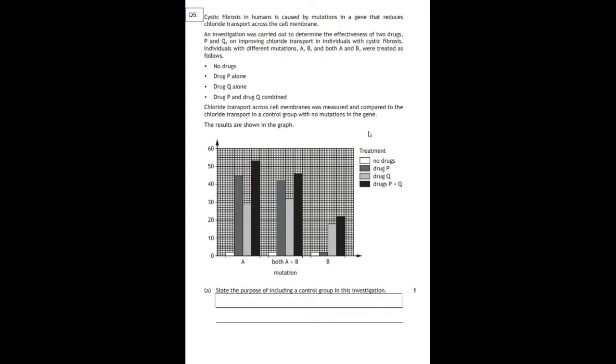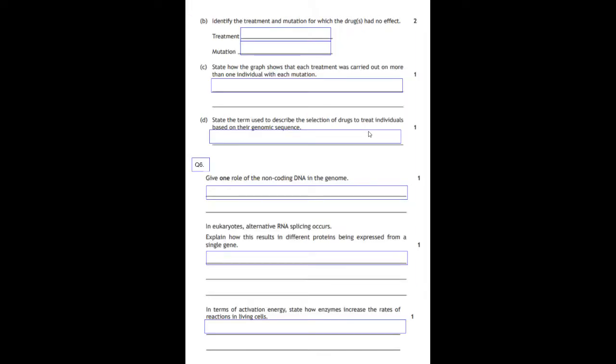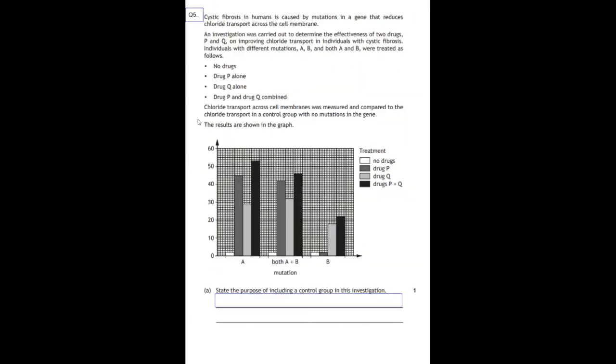Not 1000% sure, but that is the answer in the document. But anyway, we'll assume that it says it somewhere. So that's how you know that the treatment was carried out on more than one individual. Although this graph doesn't appear to have that on it, which is not useful.